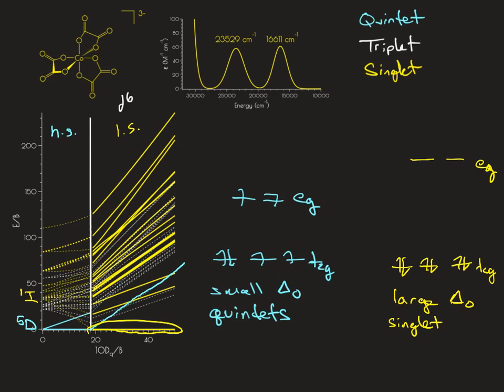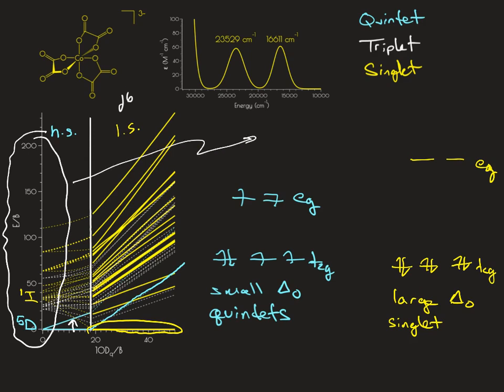The first is that for a high spin species, there's only one spin allowed transition, the transition from a ground state quintet into an excited state quintet. On the low spin side, there's a large number of spin allowed singlet transitions. However, if you look at the scale of your E over B, you'll notice that this is a huge scale and that most of these transitions occur in the vacuum UV region of the electronic absorption spectrum.